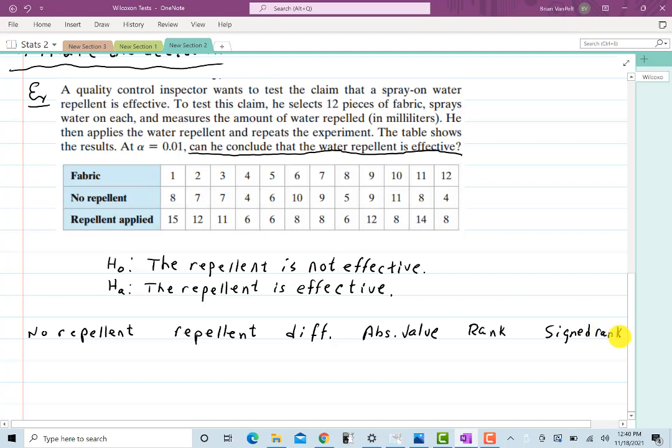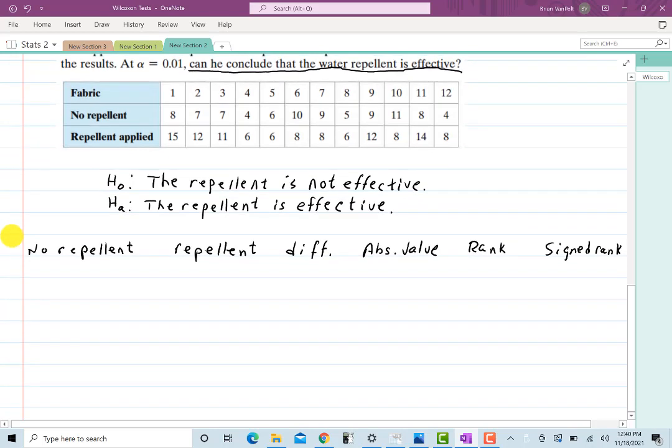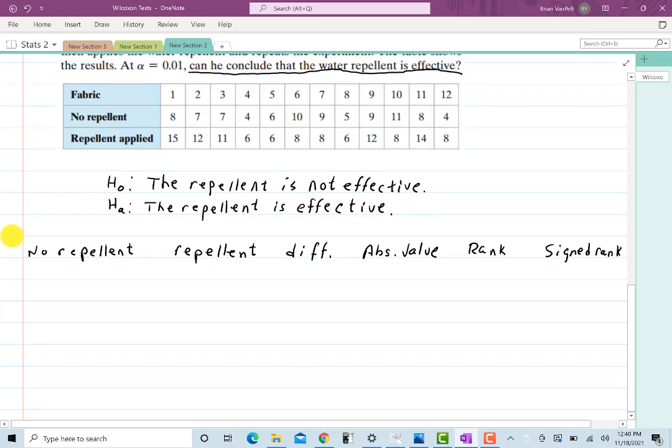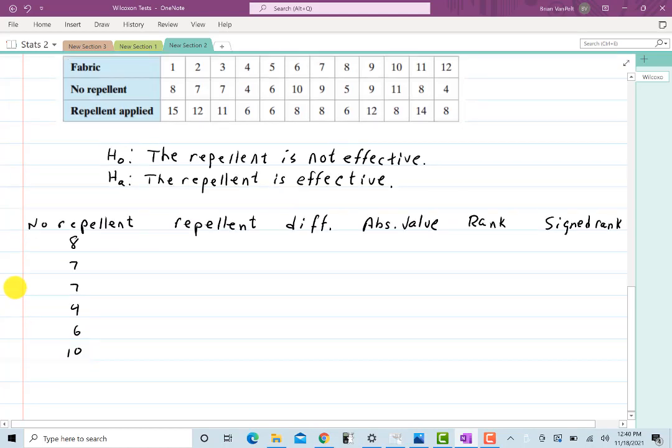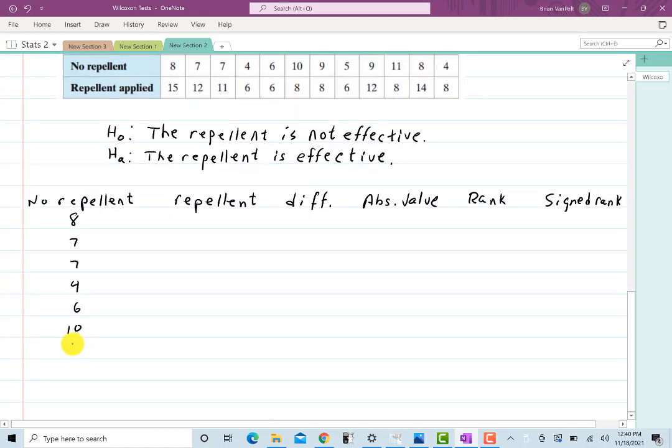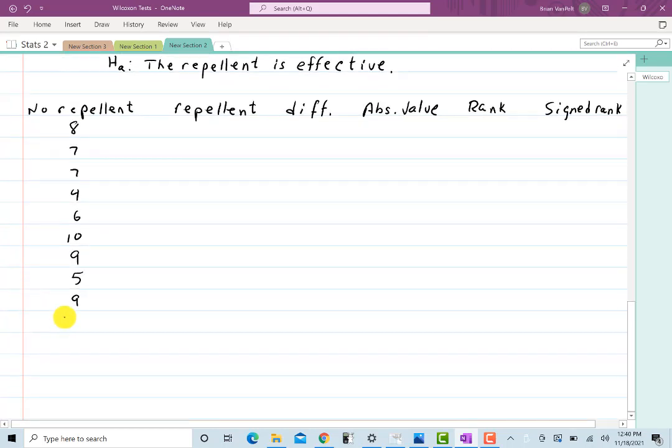And first of all, the easiest thing to do is to plug in the numbers. So let me put those in for the no repellent: 8, 7, 7, 4, 6, 10, 9, 5, 9, 11, 8, 4.